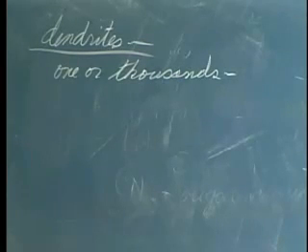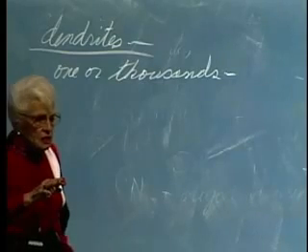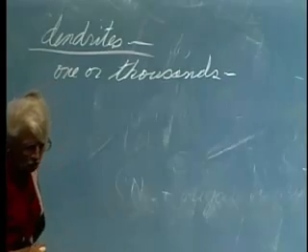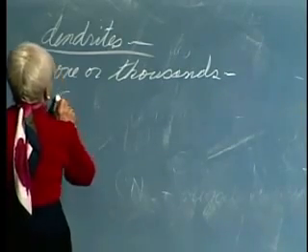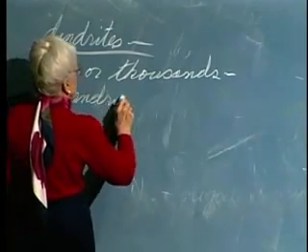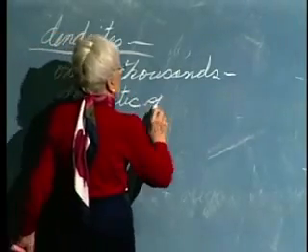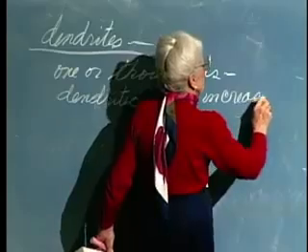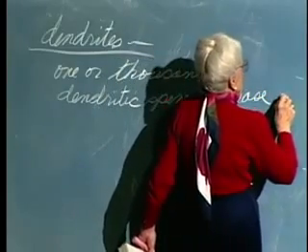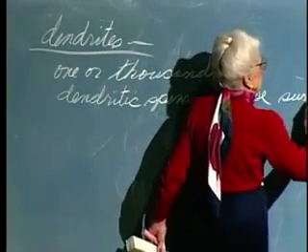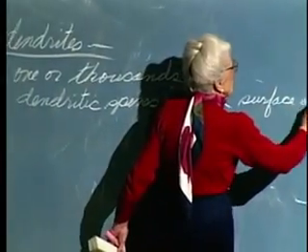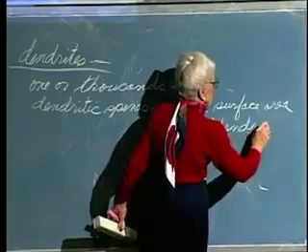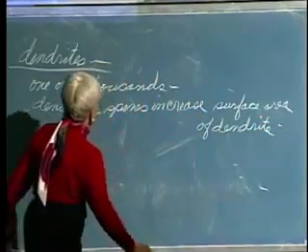Now, dendrites can increase their surface area by having what are called spines. Have you heard of dendritic spines? Dendritic spines increase, I'll show you pictures of them, the surface area of the dendrite. They're quite fascinating little structures.